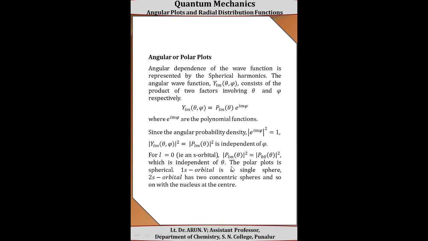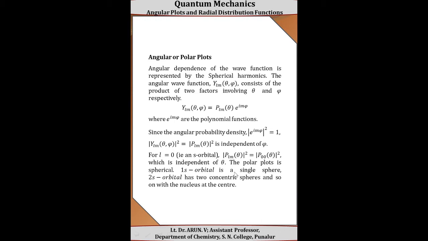As mentioned earlier, the angular dependence of the wave function is represented by the spherical harmonics. That is the angular function Y_lm(theta, phi), that consists of the two factors involving theta and phi. That is Y_lm(theta, phi) is equal to P_lm(theta) into e raised to i m phi.